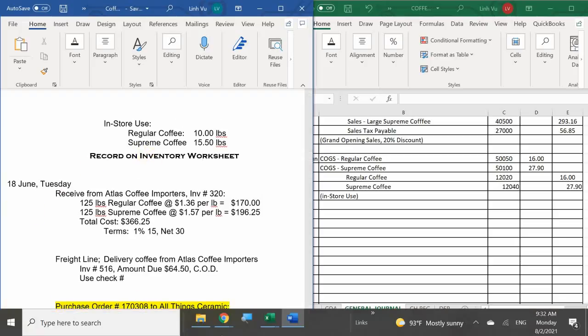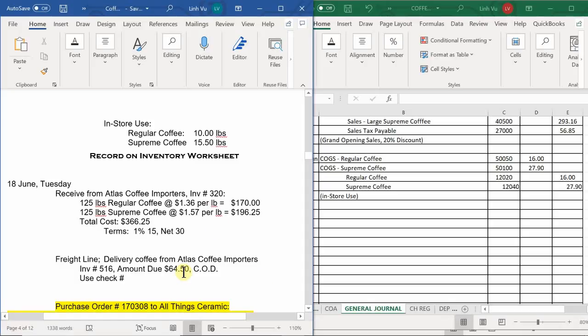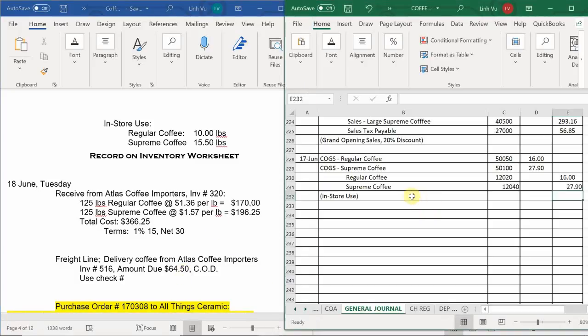So same day, but this time, what happened here? We received a delivery of coffee from Atlas Coffee Imports. Yes, we did.